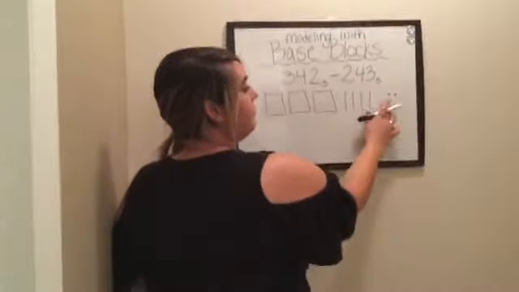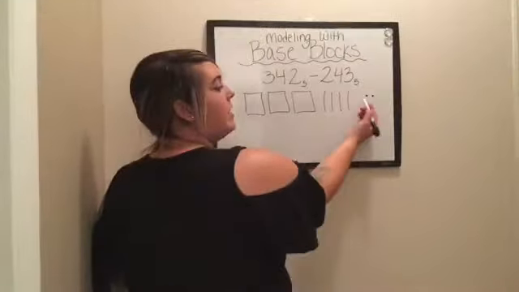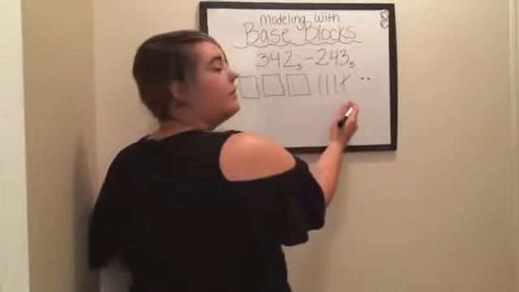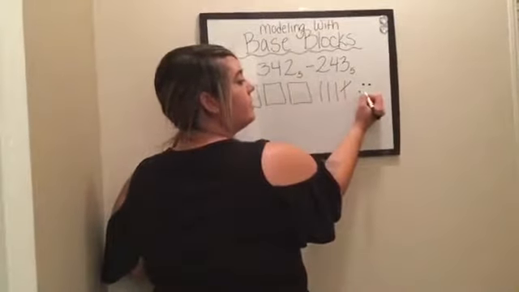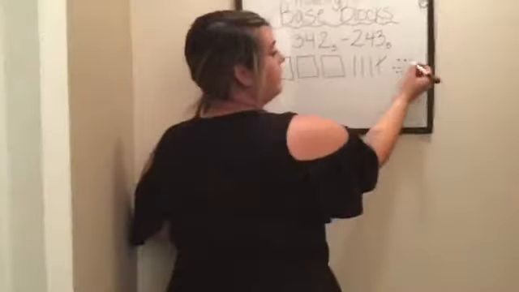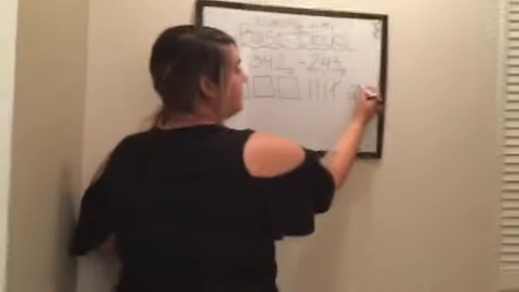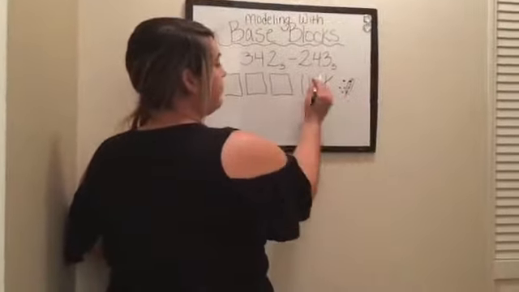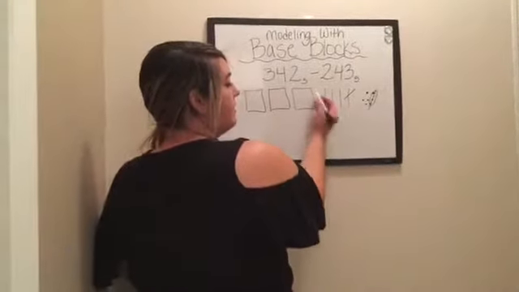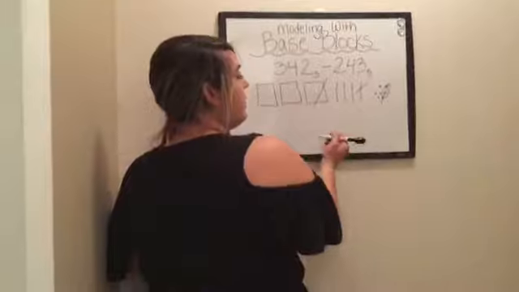3 units. We can't subtract 3 units, so we have to break a rod apart. But since we're in base 5, this breaks into 5 units. Now we can subtract our 3. Let's move on to the rods. 4. We don't have 4 rods, so once again, we have to borrow.